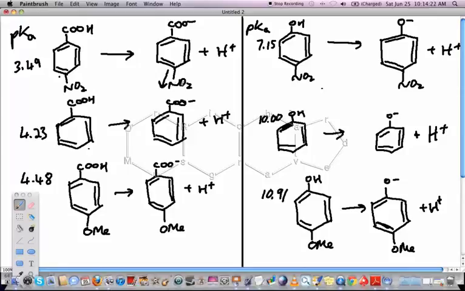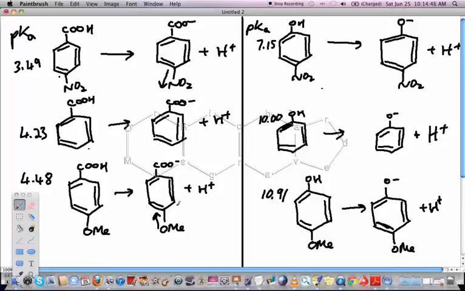Now again, the reason for that is that this anion is more stable than this anion due to the electron pulling effect of the deactivating group. Now if we put an activating group on the ring, you can see that the opposite thing occurs. Activating groups will add electron density to the ring, making the ring more negative. Since this ring is more negative now, it's going to be destabilized relative to this one.